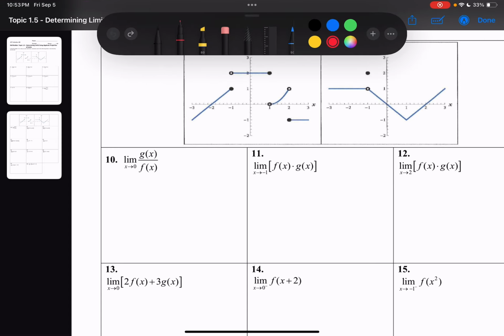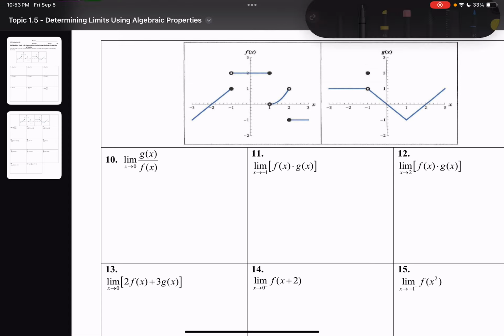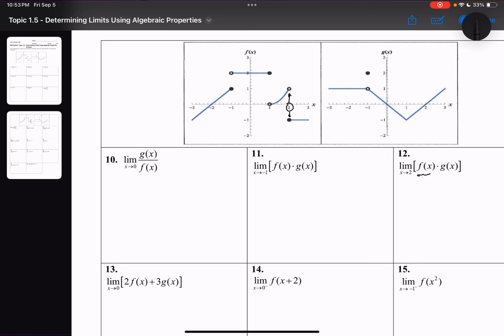Number 12, it says we need to find limit as x is going to 2 for f of x times g of x. So first things first, let's focus on f of x. At x is going to 2, we notice that at 2 minus the function f is 1 and at 2 plus the function is at minus 1. So it might require us to find both sides of the limit over here.